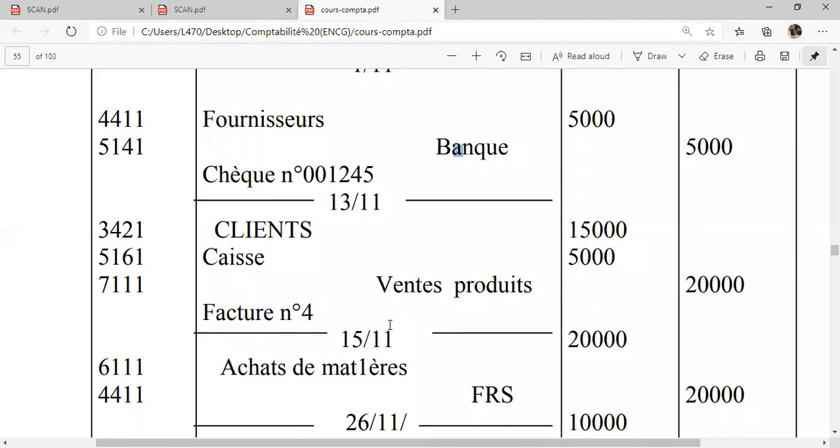Oui, je vous écoute. Yes. My question is the name of the fournisseur. Is it facture numéro 4? Like the supplier. Like the account name in the libellé.